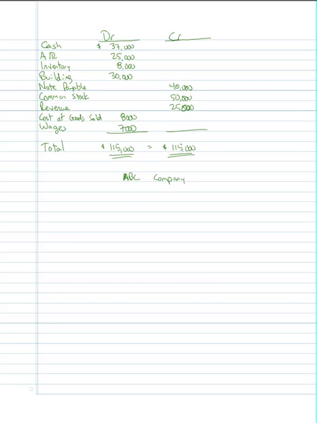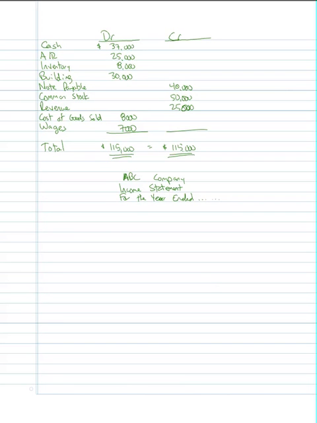We'll put a heading on it, ABC Company. Income statement for the year ended, whatever date the year has just ended, that's the year or the period of time for which this income statement covers.